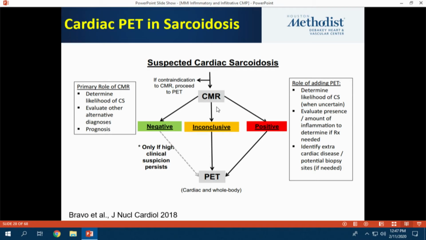So if someone has a normal CMR, technically, the negative predictive value of CMR is going to be very high, unless you're suspecting active early disease.